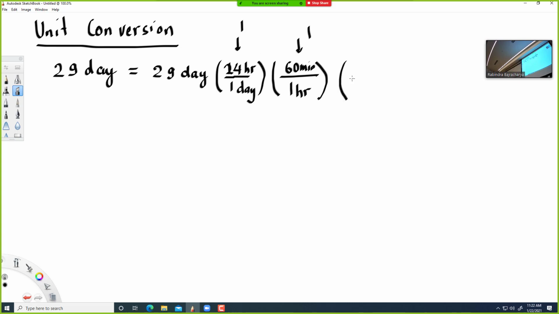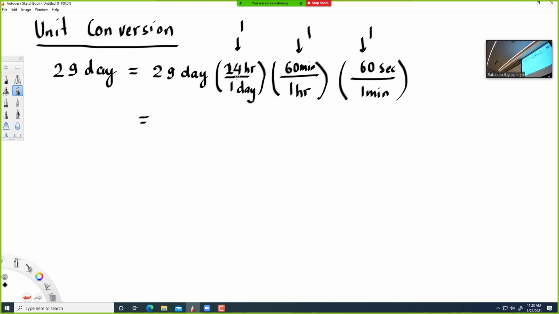Then we want to get rid of minutes, so put minutes down here. And then 1 minute is 60 seconds, and that's what we want to get. This is also 1, so it won't affect our original number. It's just multiplying this number by 1, 1, 1.